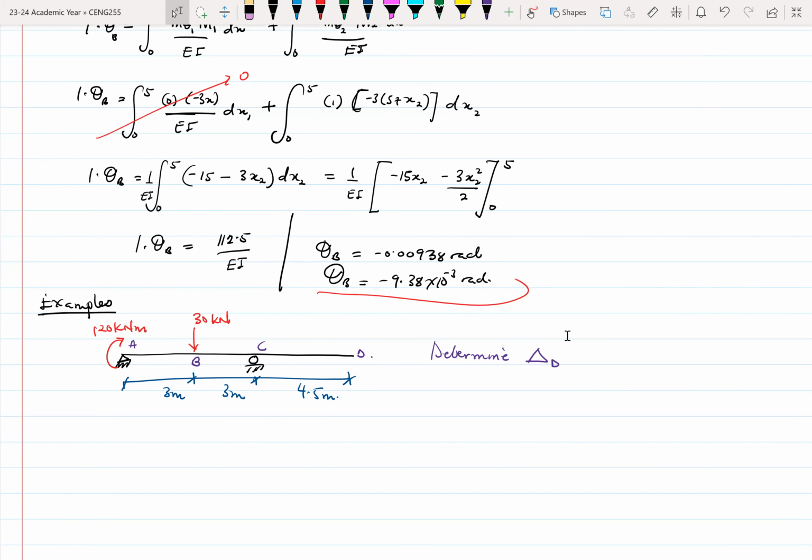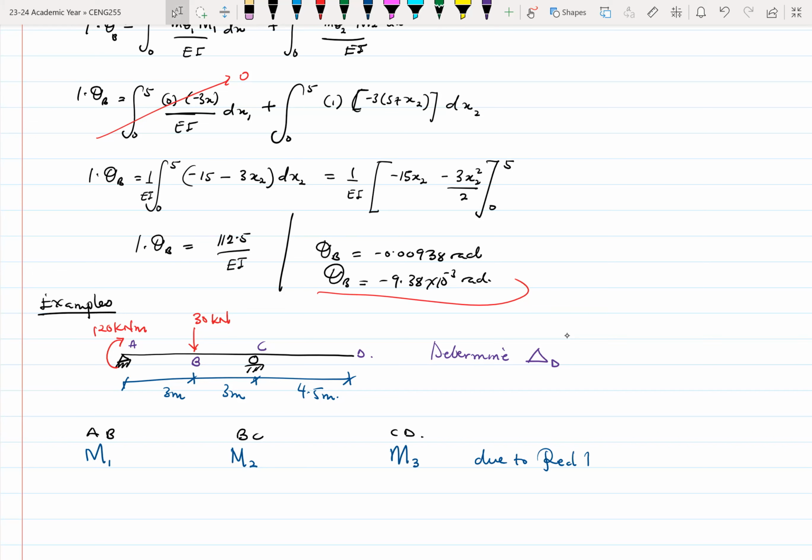So we have span AB, span BC and span CD. We need to find the big M for span AB, another moment for span BC, and a moment for span CD. This will be due to the real loads.